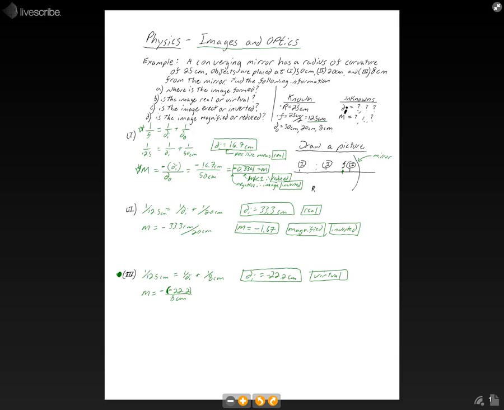When you reduce that, you will end up with a magnification of 2.78. Notice that it is positive, so your image is going to be erect, or right side up, and it is also going to be magnified, so it's going to be bigger.